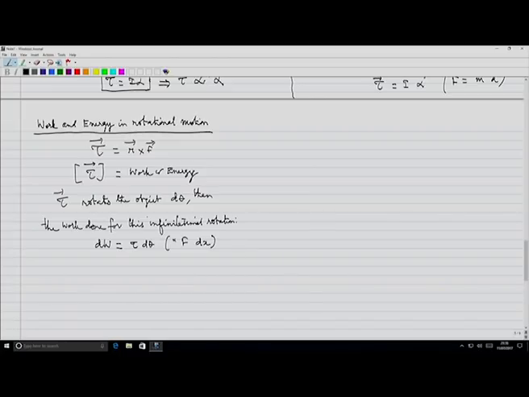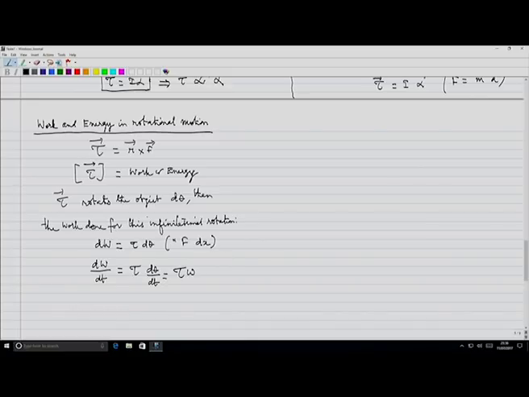Now I can calculate dW by dt, the rate at which the work is done, which is tau times d theta by dt. d theta by dt is omega, therefore it is tau times omega.